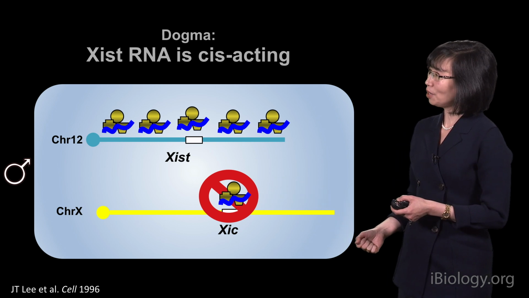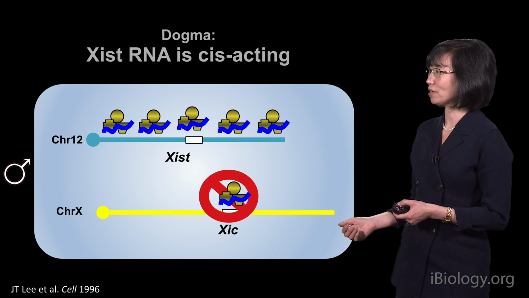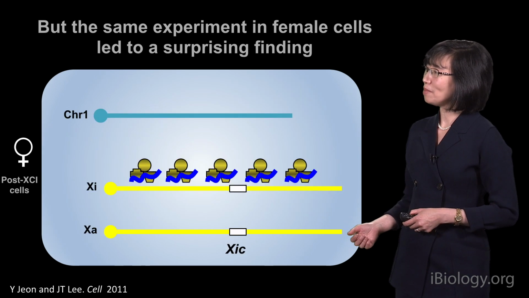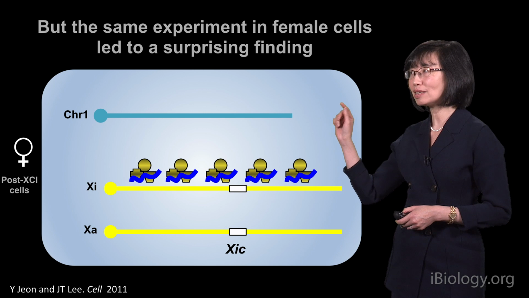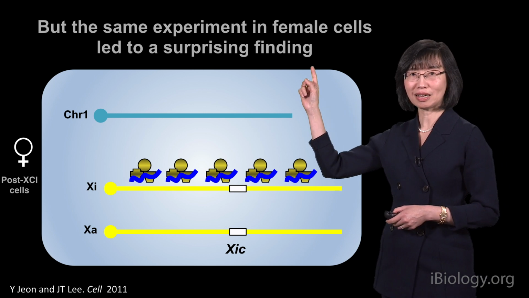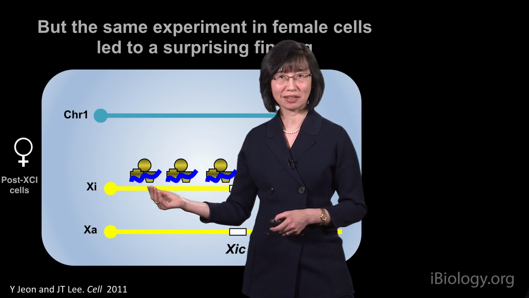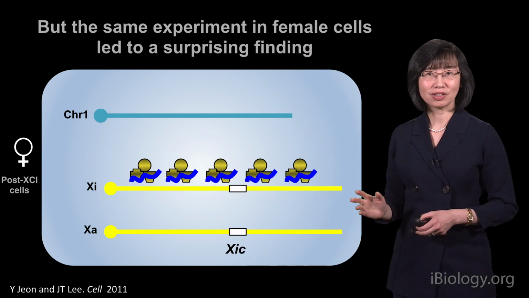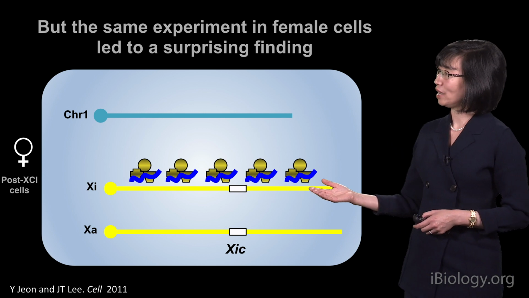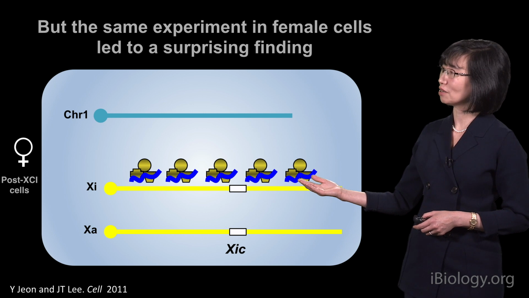Okay, so that has been recapitulated many times by various studies. But then many years later, when we repeated the same experiment, except this time we did it in female cells, and in the post-inactivation state, we got a very surprising finding. So now here are two X chromosomes, one's inactive and being coated by Xist RNA.